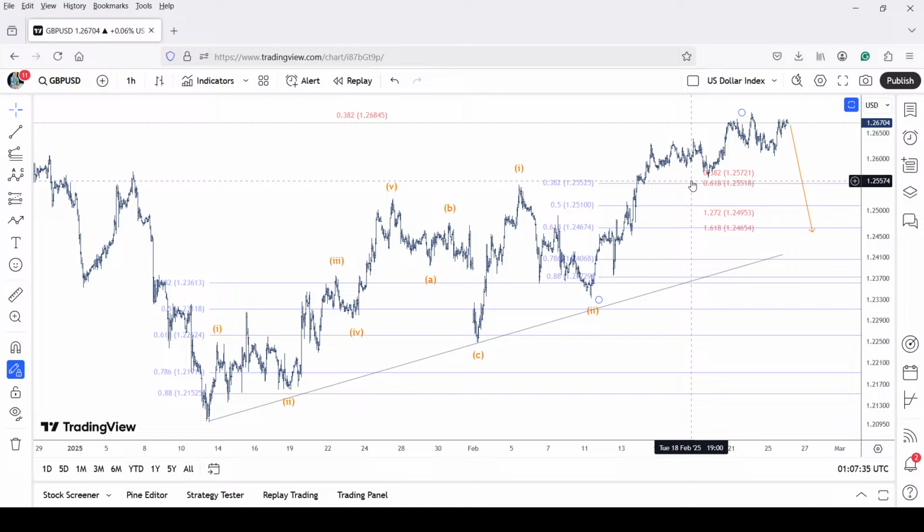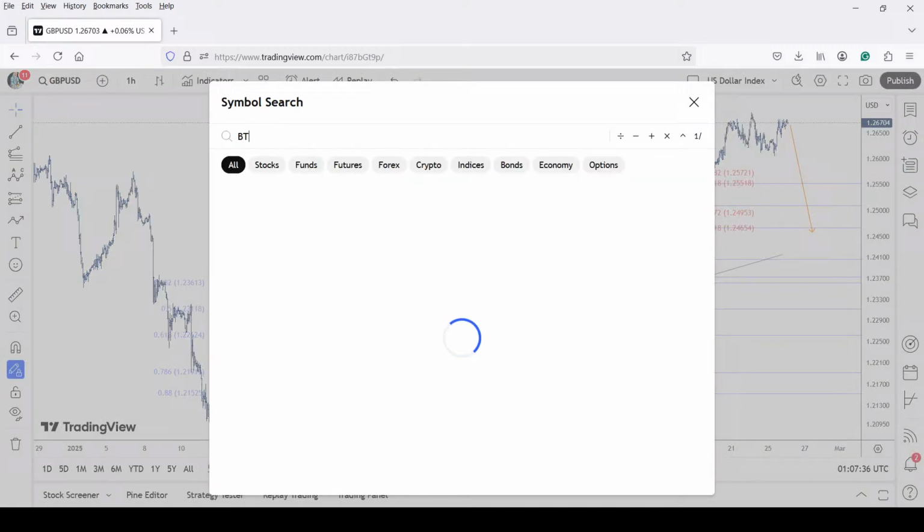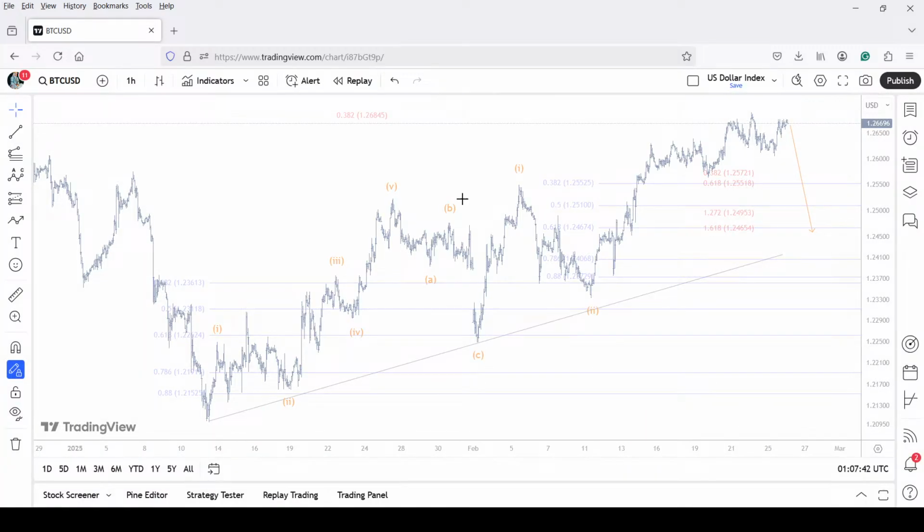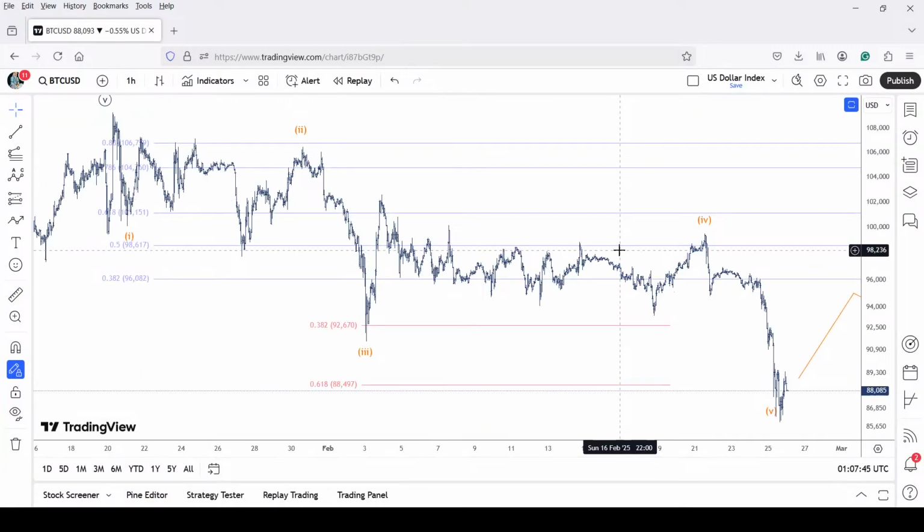Before we bring it to a pause, let's have a quick view at what Bitcoin and Solana are doing. Oh, that is a wave 4. That is the fourth wave. So I think, okay, I can give you a heads up to the fifth wave target.